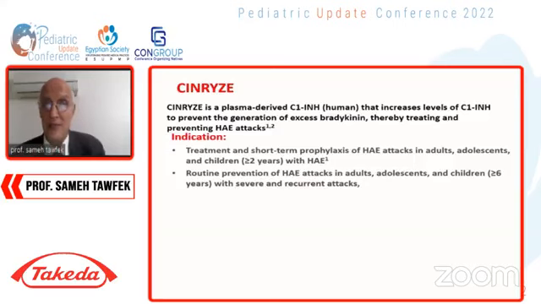The indication: treatment and short-term prophylaxis of hereditary angioedema in adult and adolescent children more than 2 years with hereditary angioedema. Routine prevention of hereditary angioedema attacks in adult, adolescent children more than 2 years with severe and recurrent attacks.